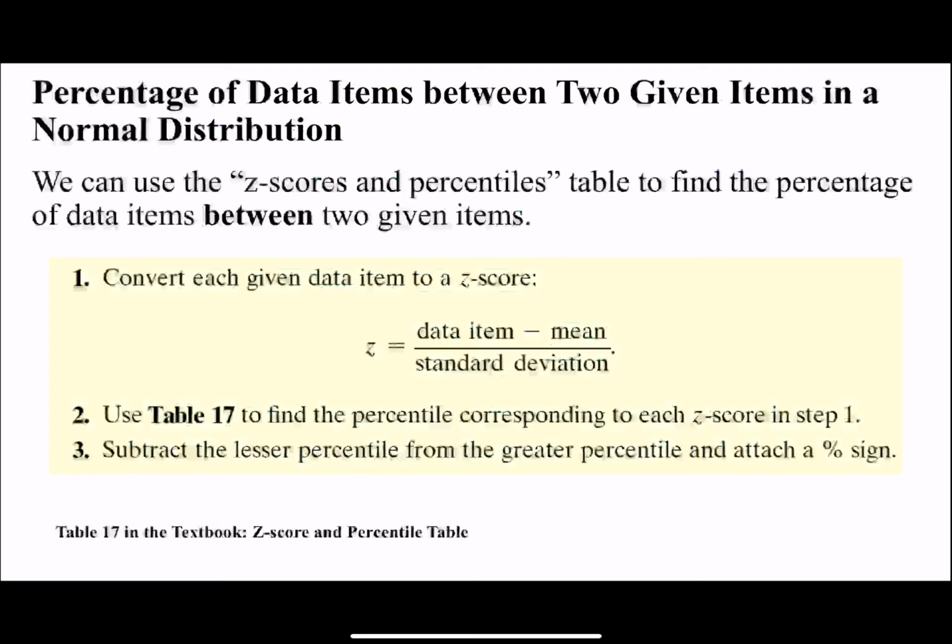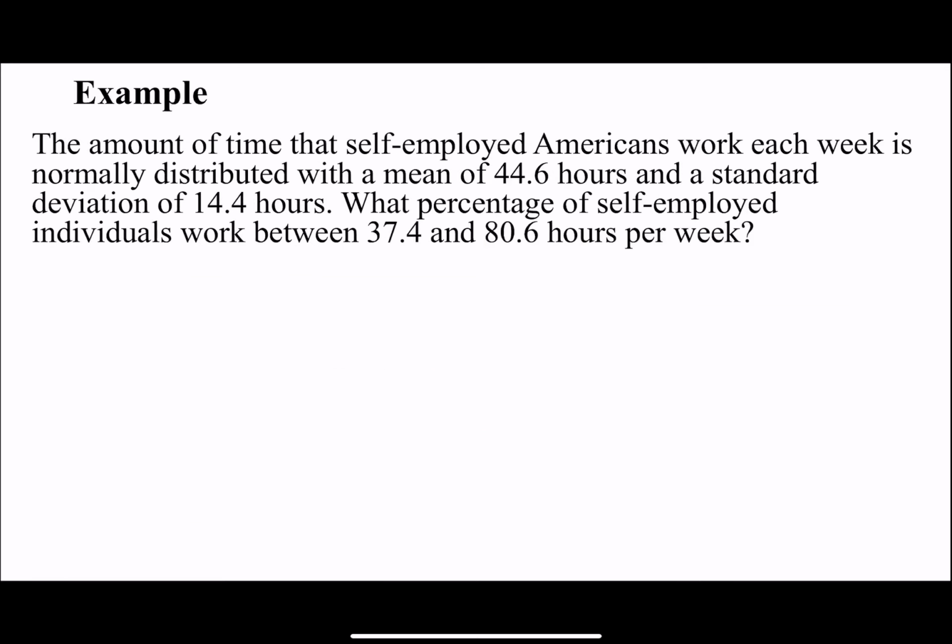What you do, you find the z-score for each one. You use the table to find the percentile of each z-score, and then you subtract the lesser percentile from the greater percentile. Okay, and that is the answer. Very, very easy. Let's see.